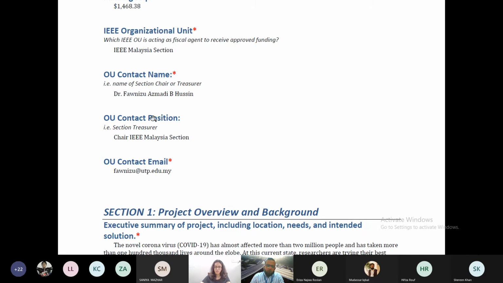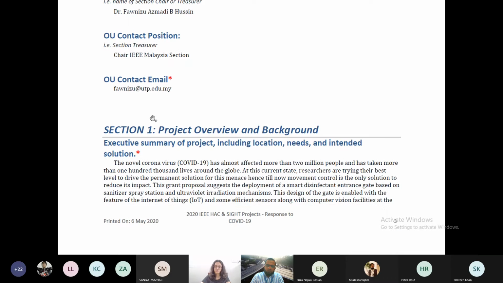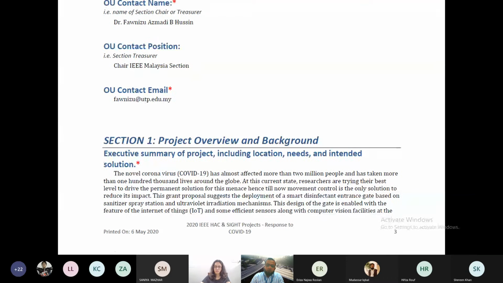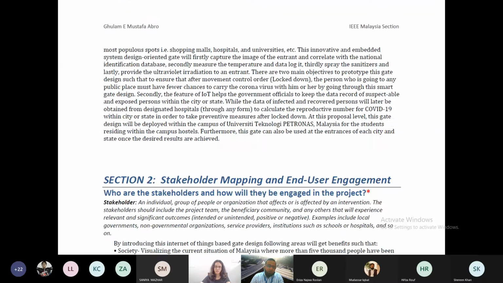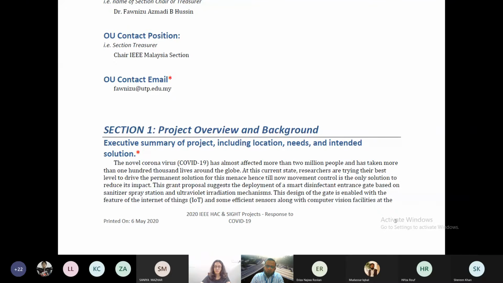After that, you have to start with your project overview and background. You have to mention this thing. This is the executive summary, maybe of 350 or 250 words, but it should be written well so that people can have a quick summary of your entire project in one go.